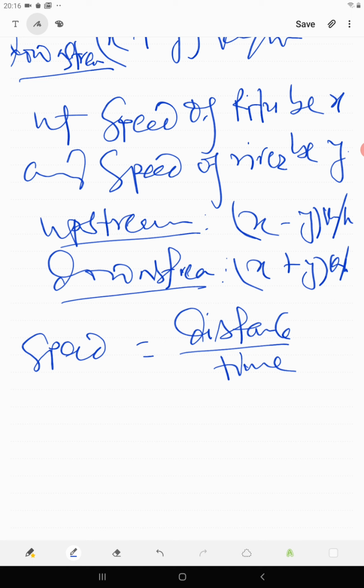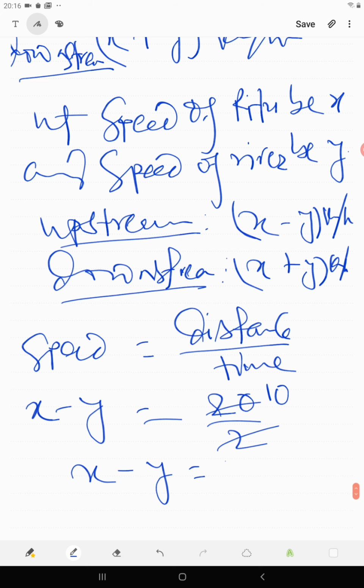So her speed downstream is x plus y, which equals the distance she is covering, 20 by 2, so 10. I am sorry, first is downstream: x plus y equals 10. This is our equation 1.